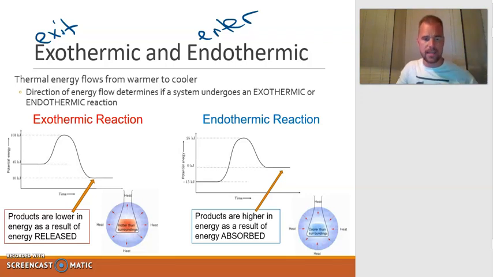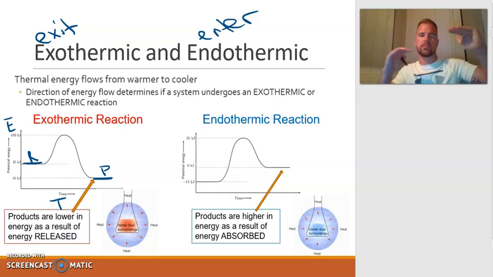Now we can graph these, and I want to just briefly show the graph. I know the print's kind of small, but here on the y-axis we have energy, and then on the x-axis we have time. And notice for a chemical reaction, okay, this would be your reactants, and then this would be your products. Notice that the reactants are higher in energy than the products, right? Why would that be? Why would the reactants be higher in energy than the products?